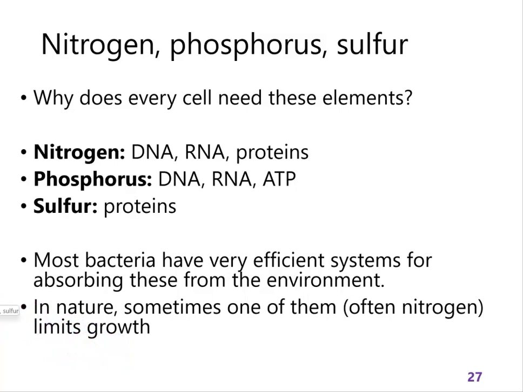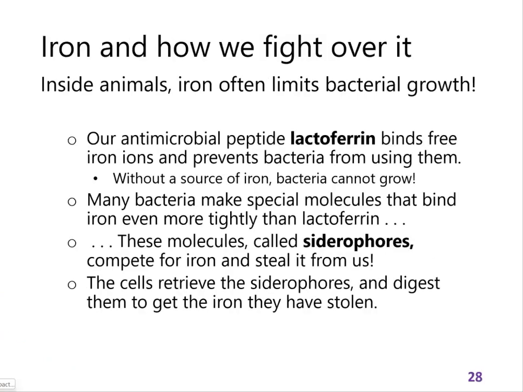So I mentioned iron. And iron is a really fascinating thing. Believe it or not, iron is so important to a lot of bacteria and so rare in a human body that if we can prevent them from getting it from our hemoglobin, they die.